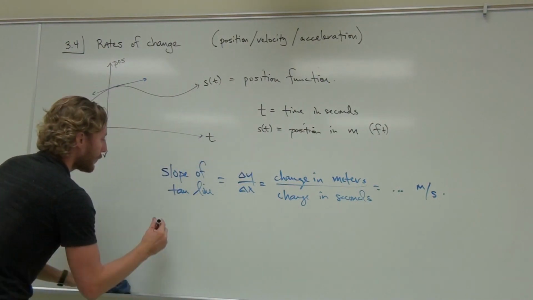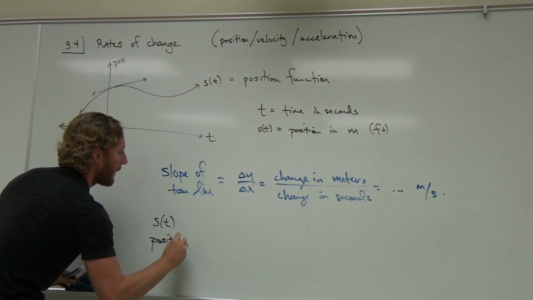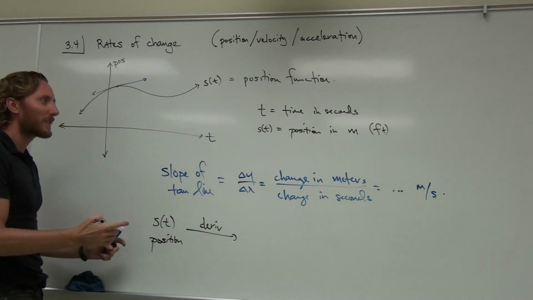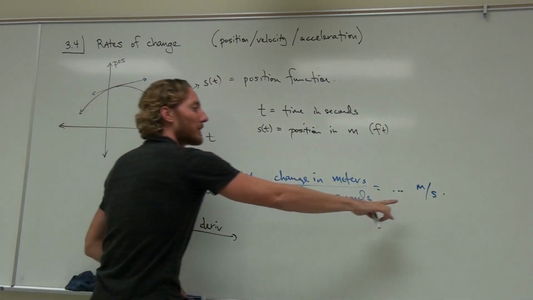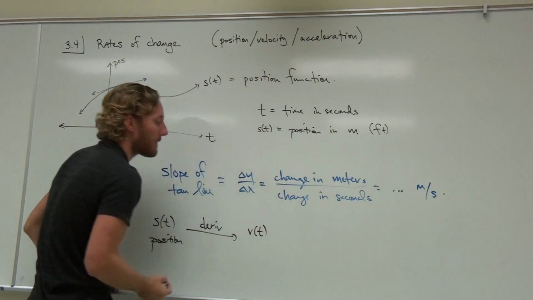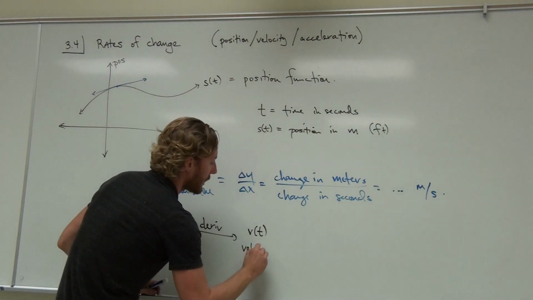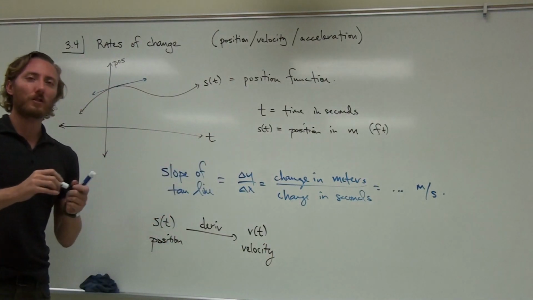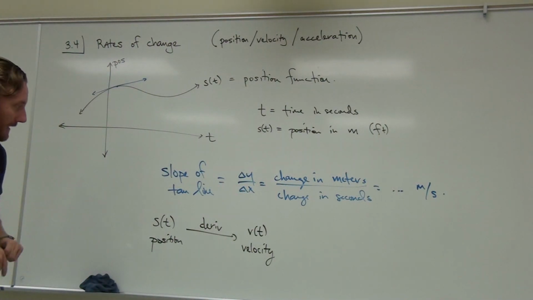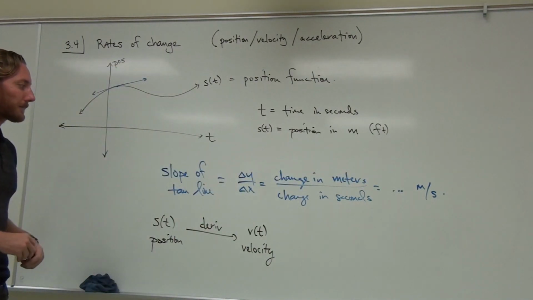So in other words, when we start with the position function, s of t, and we take a derivative, this derivative is with respect to time, which is giving us this meters per second value. That's going to give us something that measures speed. Let's call that velocity, the standard physical word to describe a rate of change in terms of position. So position is measured in meters, velocity measured in meters per second.